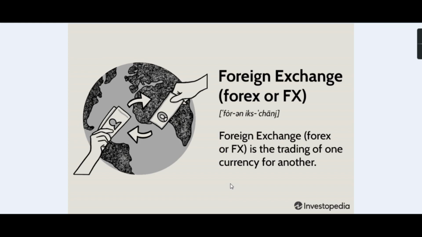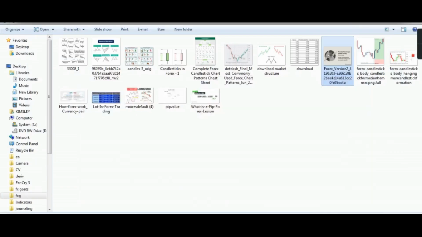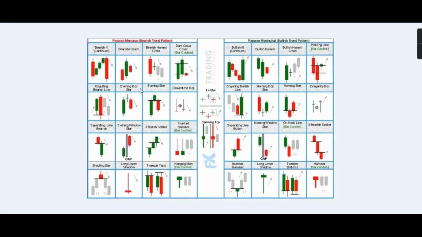So in the Forex market, we basically identify chart movement with candlestick patterns, or rather candlesticks, right? A candlestick is a tool that we use to measure the movement of the market, right?